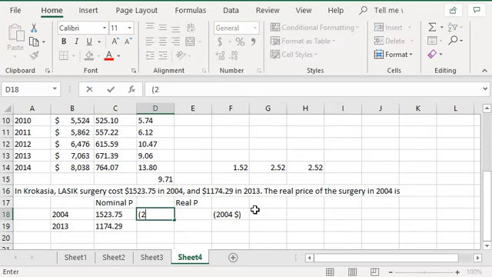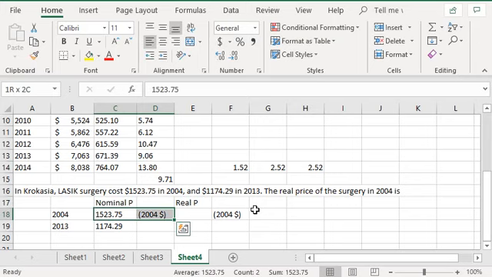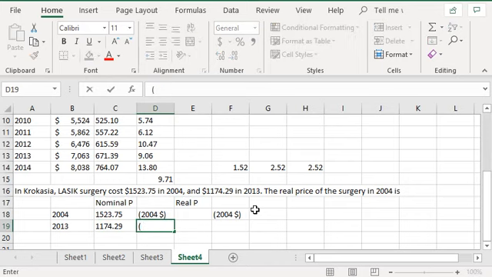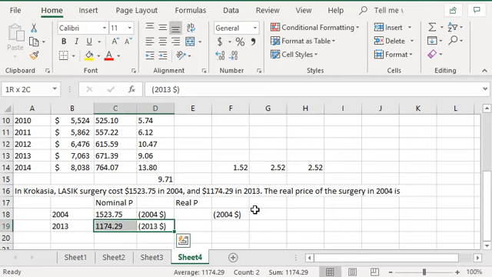This is in 2004 dollars because the year is 2004. So this value is in 2004 dollars. This value is in 2013 dollars. That's in 2013 dollars because that's the price tag.